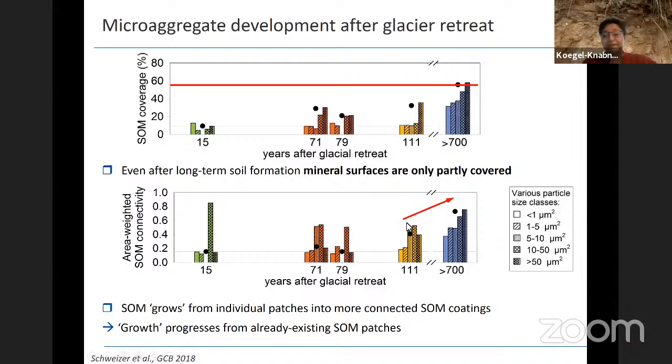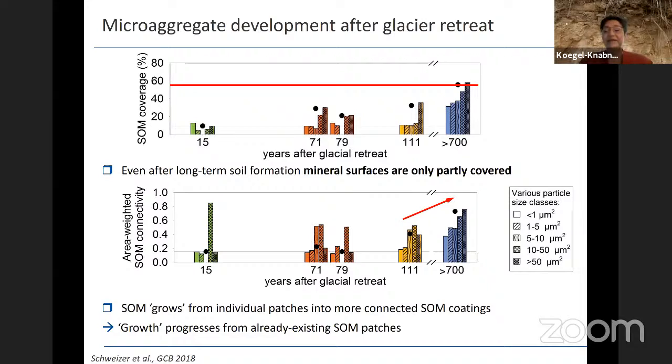So this is what we already saw in our incubation experiment and confirms this result. So there's a growth of these patchy organic matter structures that progresses from already existing SOM patches, and they become larger, and this means they have then with time a higher connectivity.